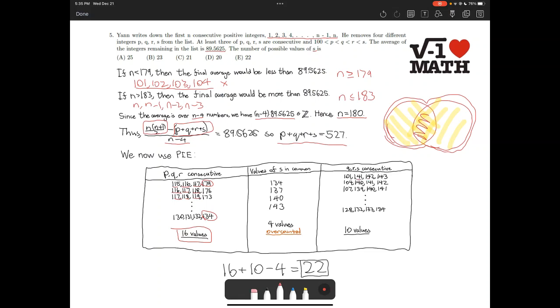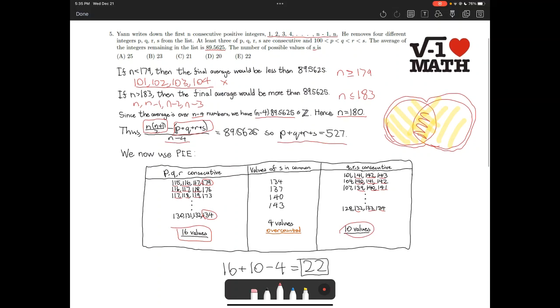And we can do a similar thing for the other case, and we get only 10 values here. But the thing is that we overcounted these. These are the things that we overcounted, because here we start at 134, skip multiples of 3, and here we also start at 134, although we only go up to 143.